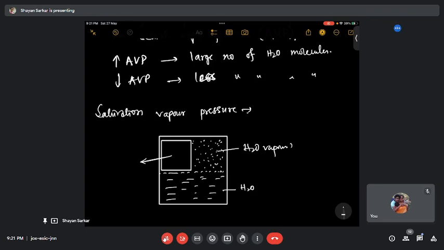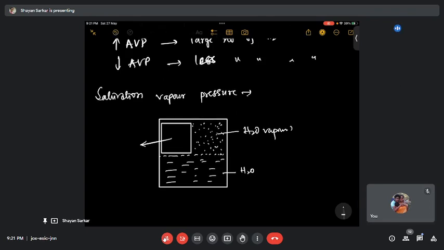Okay, so saturation vapor pressure, what does it actually describe? It describes how much water vapor is necessary to make the air saturated at any given temperature. It describes the amount of water vapor that is required to saturate air at a specific temperature.